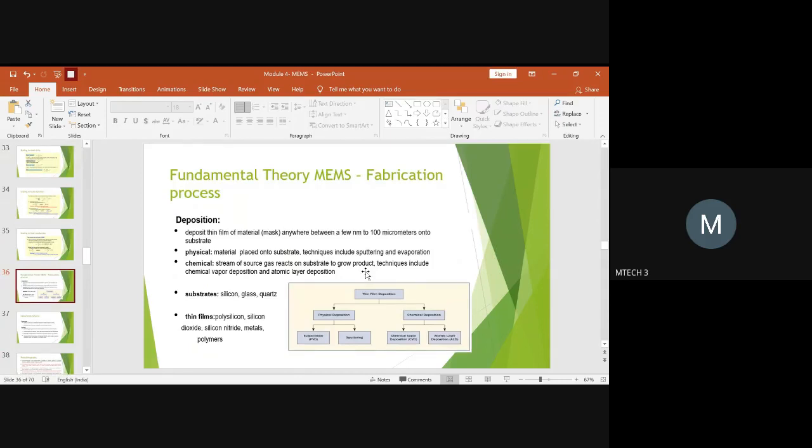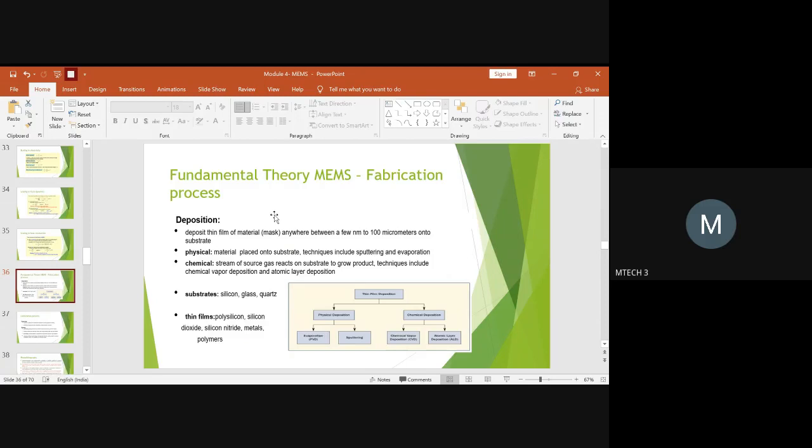Now you know what MEMS means, its applications, disadvantages in comparison to IC chips, and various phenomena we studied, including the scaling factors. We also dealt with miniaturization. So now you should understand how these MEMS devices are developed. This basically comes under the fundamental theory.